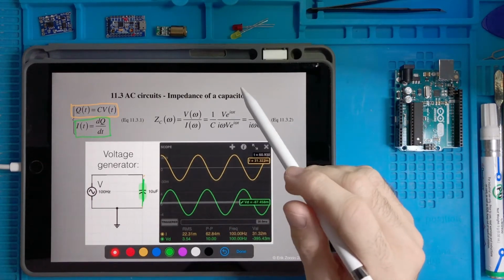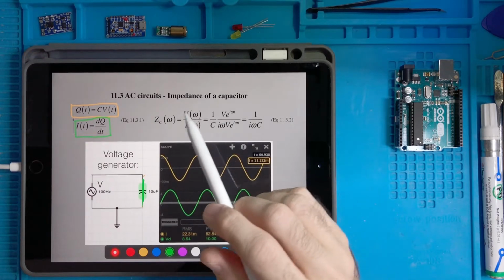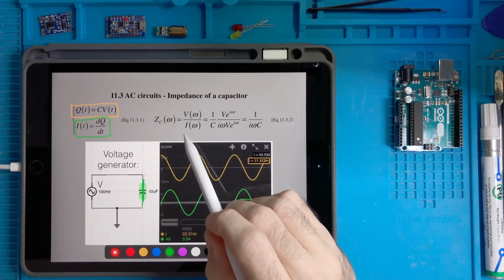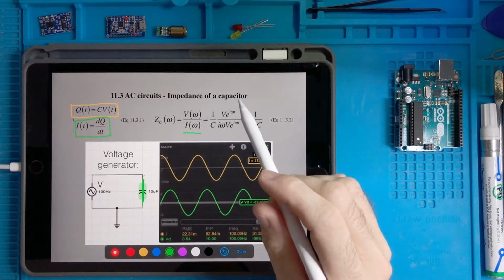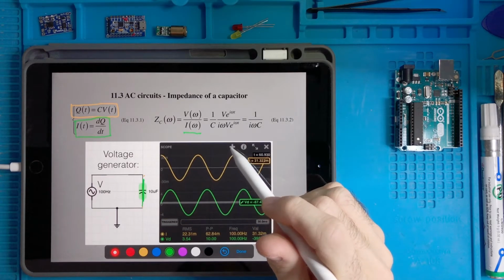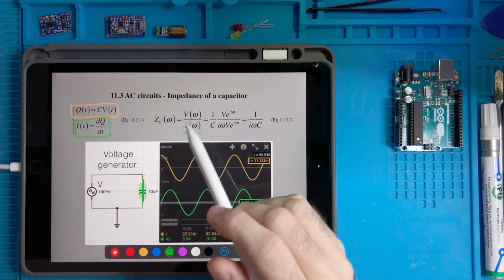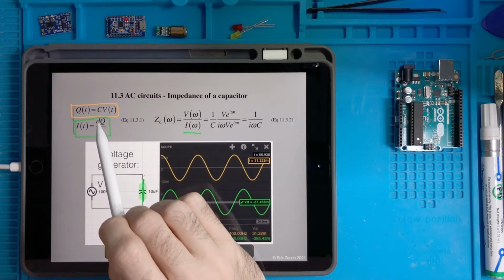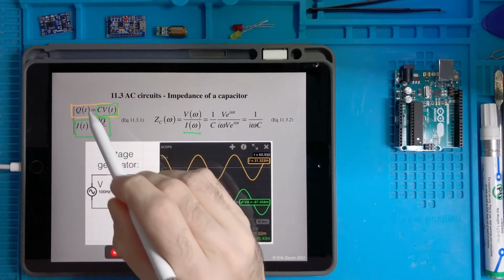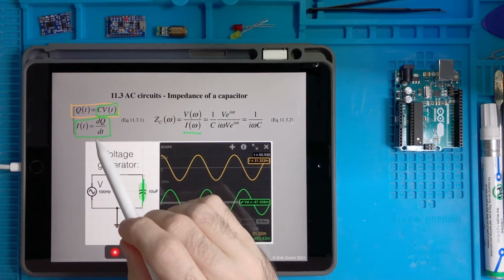So if we just plug those things in, then we can say that the current I here, we get it from the definition of charge. So we take this and we have to compute the time derivative.